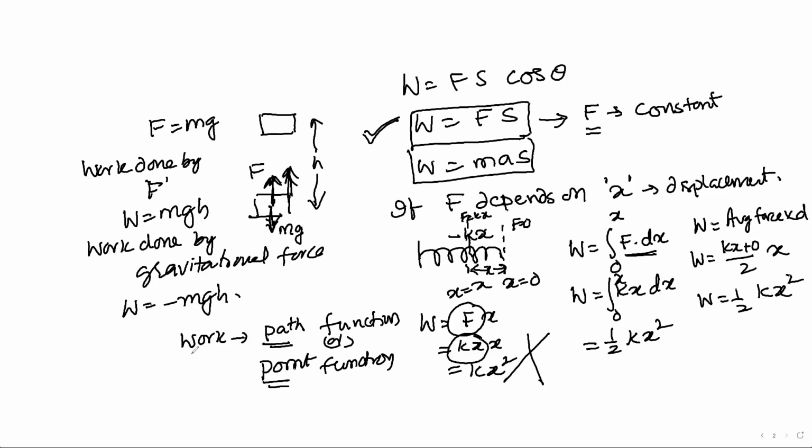How do we define whether work is a path function or point function? I am taking two examples here. For example, an object is lifted to height h along this path. What is the work done in this case? mgh.